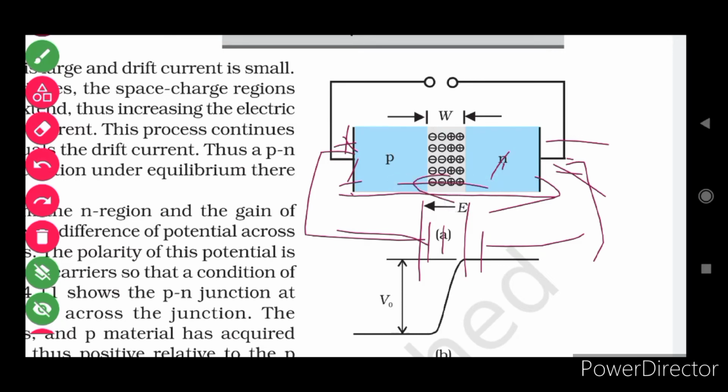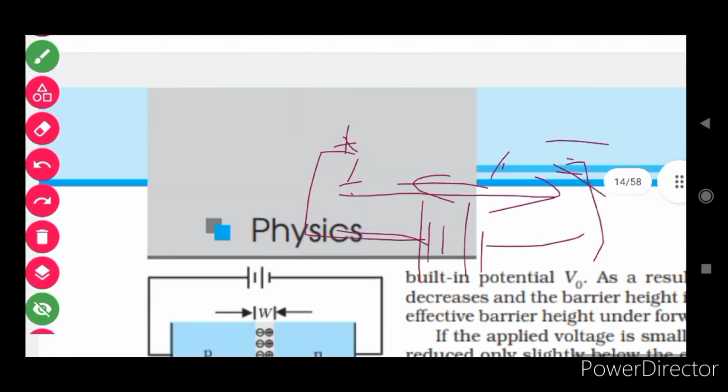So now it will be an opposite electric field, and if we keep on increasing the external voltage, the potential barrier will keep on decreasing. A time will come when the potential barrier will finally reduce to zero. So if we keep on increasing the external electric field, this potential barrier will keep on decreasing. That's what we are doing here.